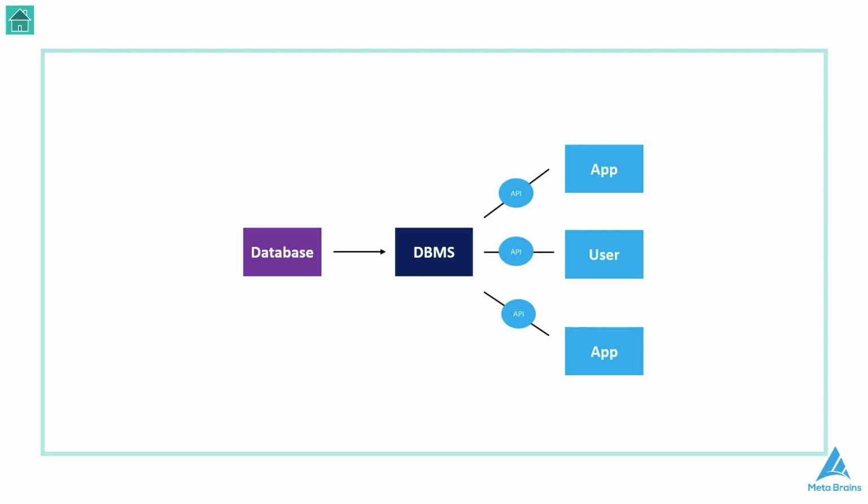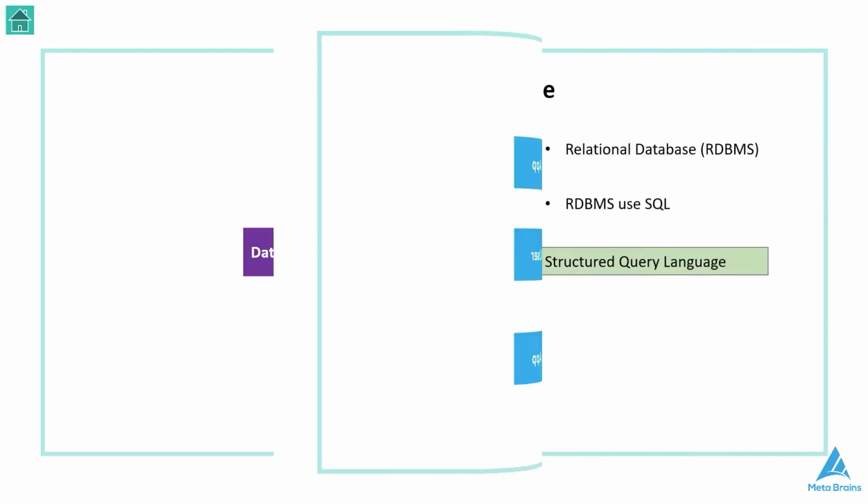If the user needs any information, he will send a request to the DBMS. The request will then be transferred from the DBMS to the user, and the user will receive the data. But for now, we will only use MySQL, because our course is related to MySQL. So, let's get into it.